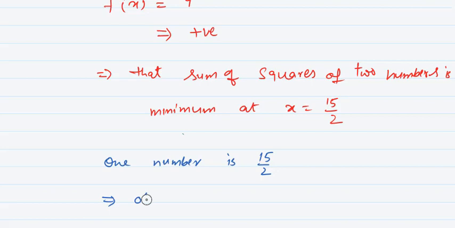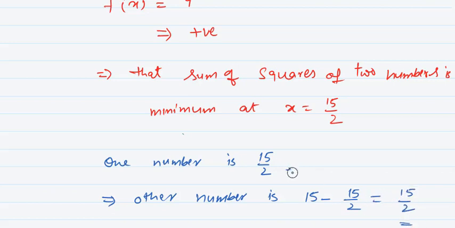So which implies the other number is 15 minus 15 upon 2, because we have considered 15 minus x, which is clearly 15 upon 2. So these are the two numbers that we need to calculate, and second, we have proved that the sum of squares is minimum.